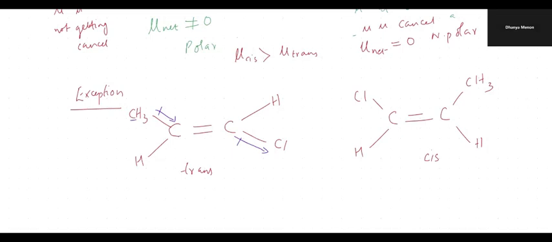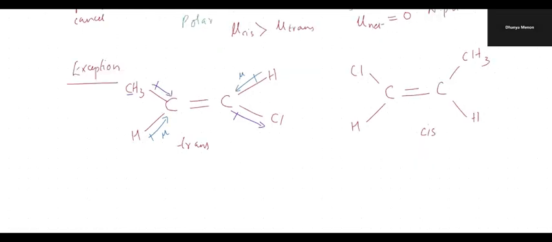Then I have hydrogen. Hydrogen is less electronegative, so I draw like this. So this is mu, this is mu. So mu and mu cancel each other. Right?